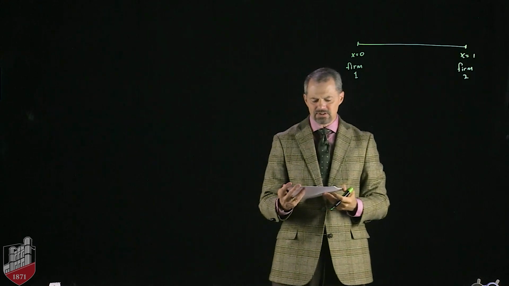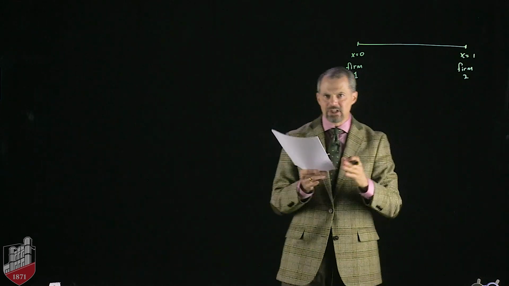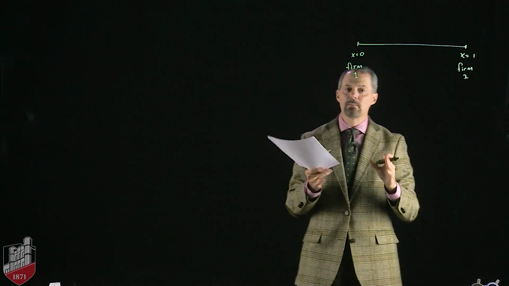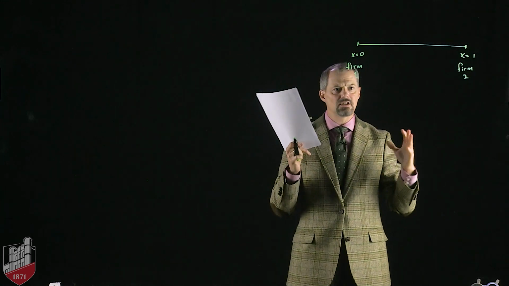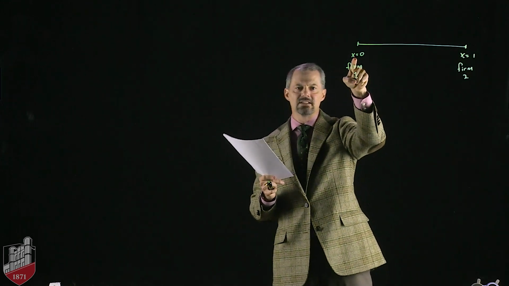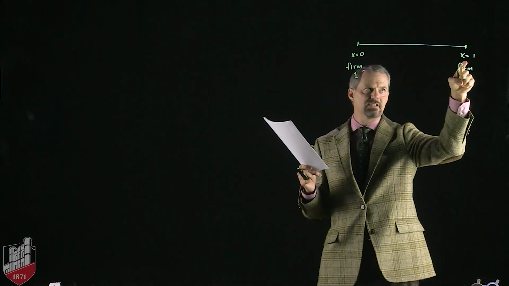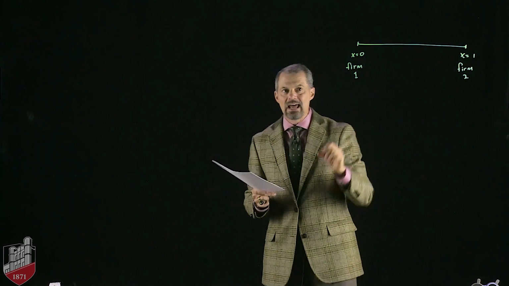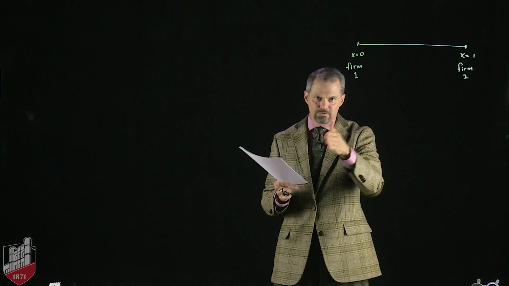Now, customers differ in their location. And remember, we can think about this not just in terms of location, but in terms of a pizza at this restaurant and a pizza at another restaurant, and how much you like the pizzas from the 2 restaurants.